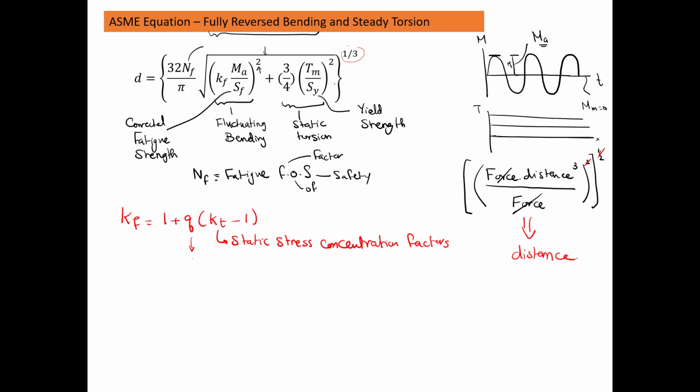And this is the notch sensitivity. Also, we have charts and tables to get this value from. And we did this in the previous chapters. So we can now use this equation to apply for the different stress concentration factors that we might see.